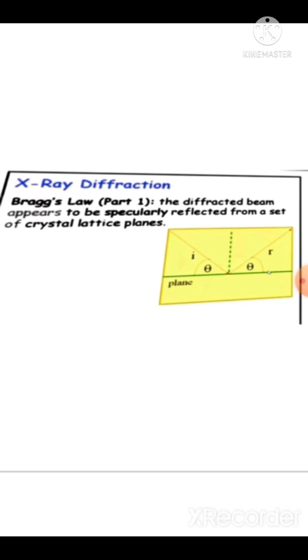Then whenever it gets reflected from the plane, the angle is known as theta, called the angle of reflection. So X-ray diffraction is nothing but reflection from the set of crystal lattice planes. It is clearly mentioned here.